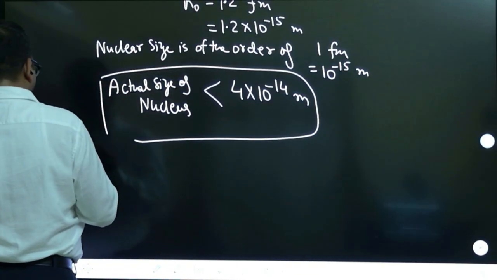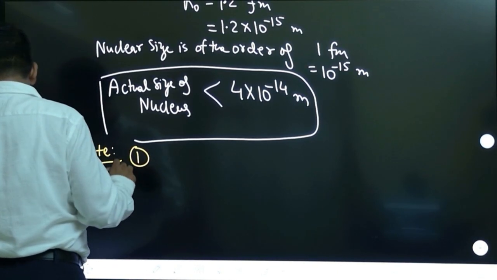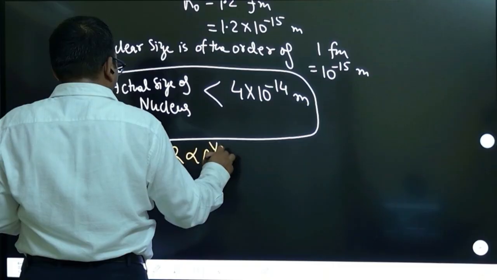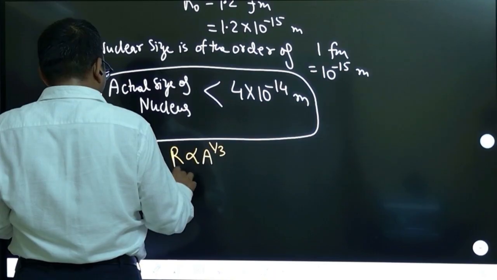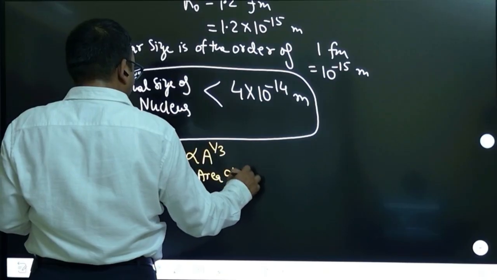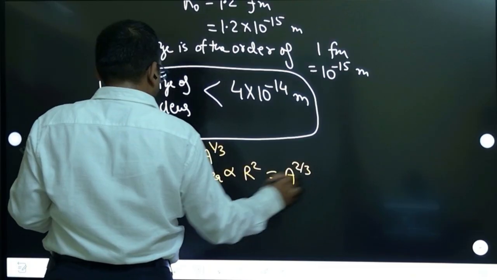Next, we need to note a few important points. That radius is proportional to A power 1 by 3. Surface area is proportional to r square, that becomes A power 2 by 3.